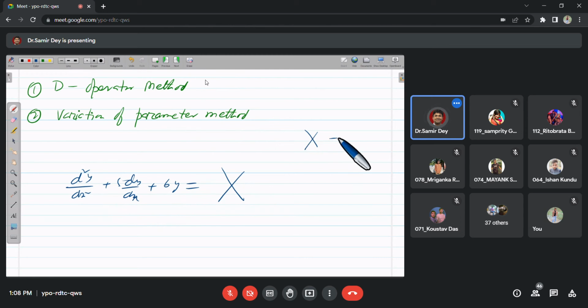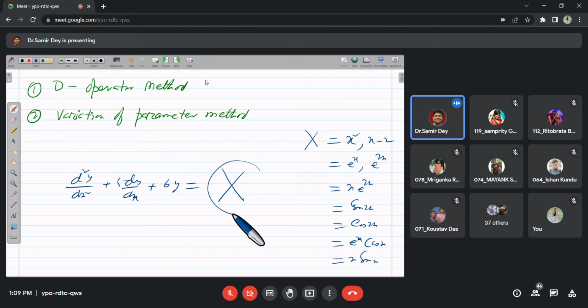Because X may be replaced by x square, by x minus 2, by e to the power x, by e to the power 2x, by x e to the power 2x, by sine 2x, by cos 2x, by e to the power x cos x, by x sin x, and all. These are the variations. So the right hand side part may be different.